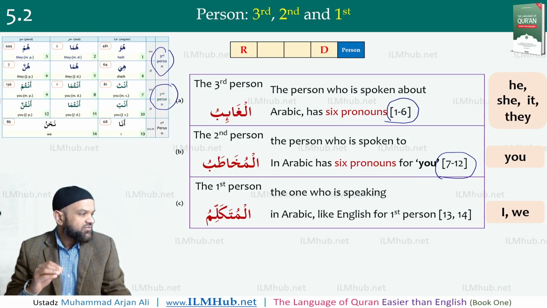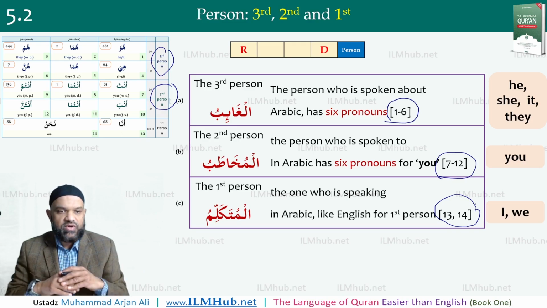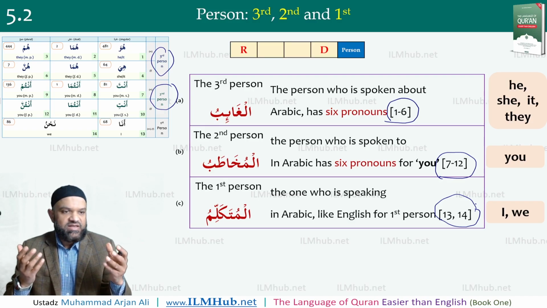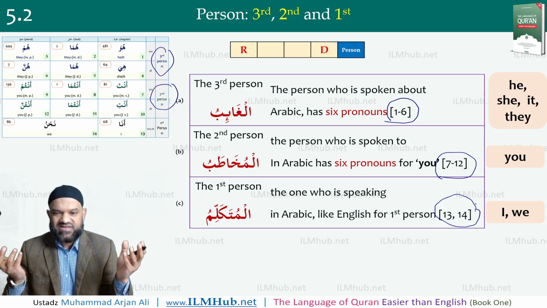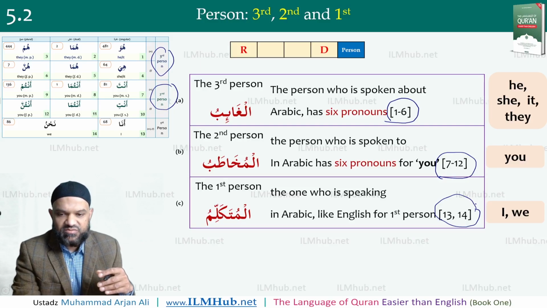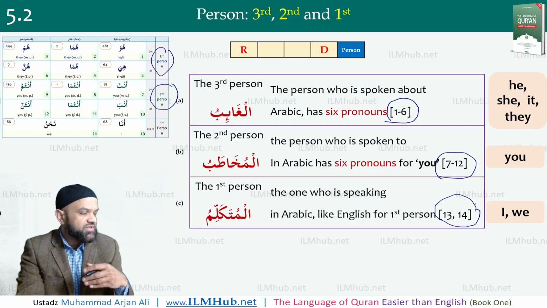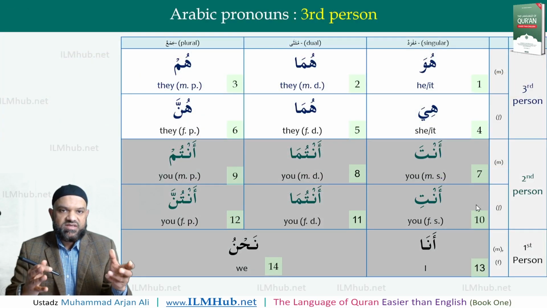And for first person, of course, only 2, I and we. So we is used for dual as well. So these are the ones we need to know, and this is the reason why we have 14 in Arabic, and in English we have 1, 2, 3, 4, 5, 6, 7 possibly in terms of the same equivalent pronouns in Arabic and English. So let's begin with the 6 pronouns for third person.